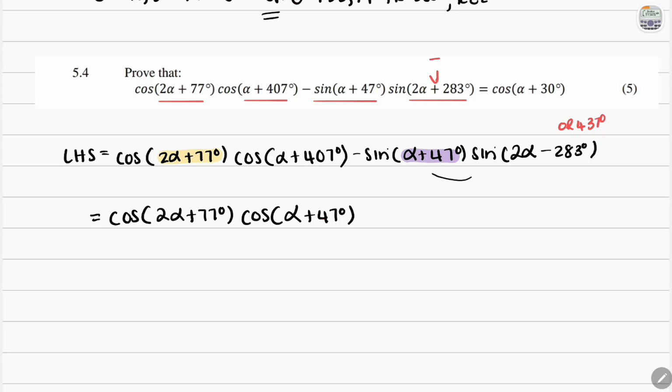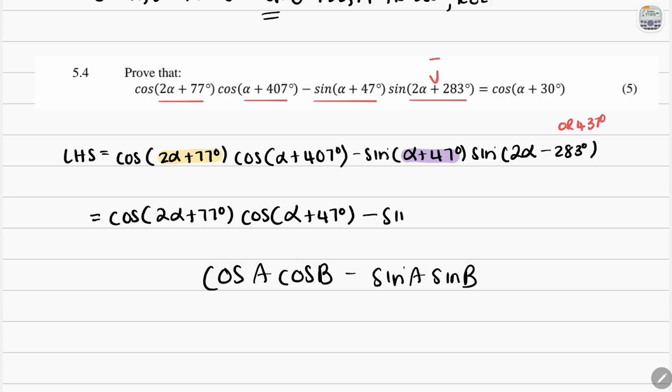Now, you can switch these around so that it is in the order of the compound angle expansion, with cos A cos B minus sin A sin B. So this is that first angle, 2 alpha plus 77 degrees, and this is the second angle. So I want this to appear in the second place. Since they're both sine, you can just move this one here, so it'll be minus sine.